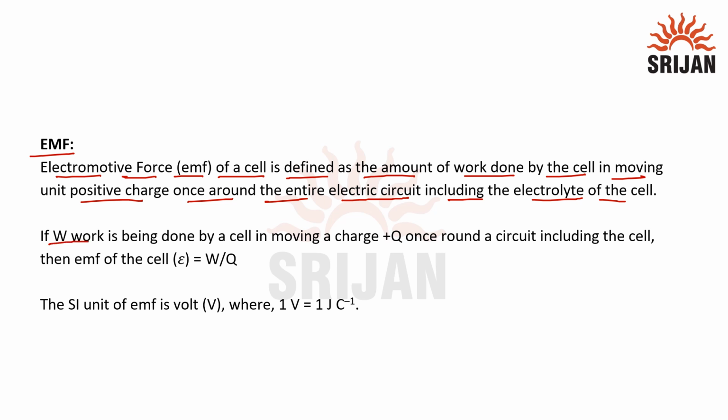If W work is being done by the cell in moving a charge +Q once around a circuit including the cell, then the EMF of the cell, epsilon, is equal to work done divided by the charge. The SI unit of EMF is volt, where 1 volt is equal to 1 joule per coulomb, because work has SI unit of joule and charge has SI unit of coulomb.